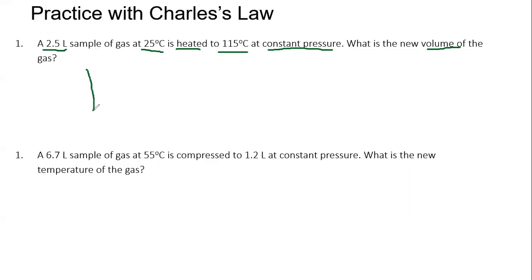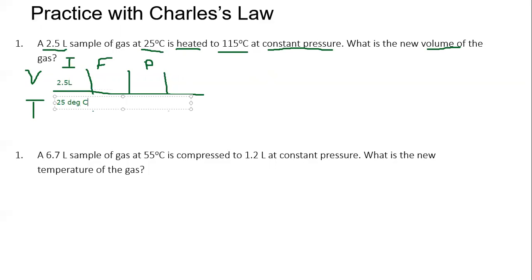So we'll set up our little table. We have volume, temperature, initial, final, prediction. 2.5 liters, 25 degrees Celsius, 115 degrees C, and a question mark for the final volume.